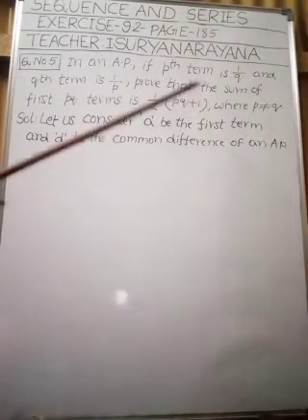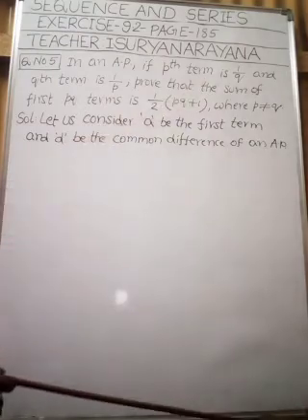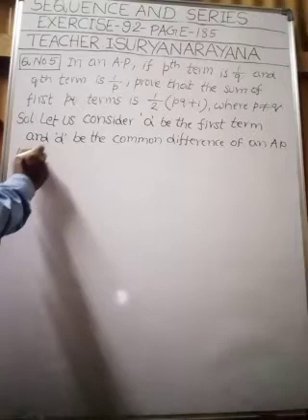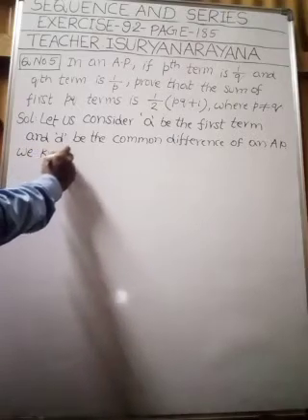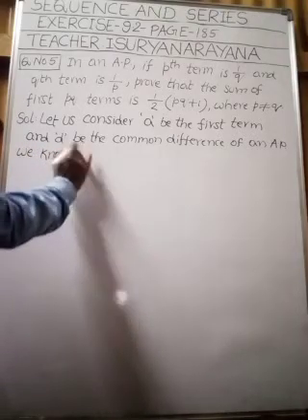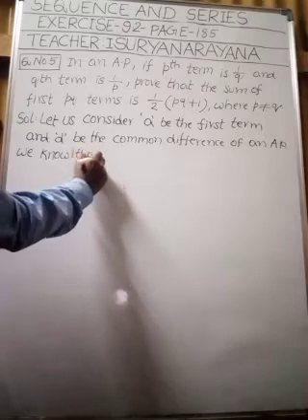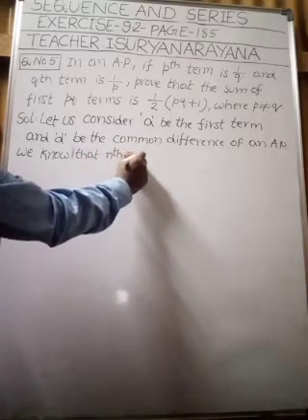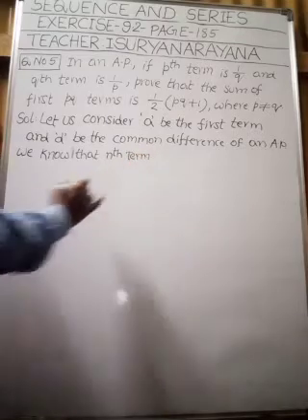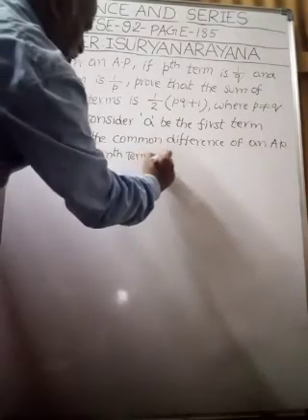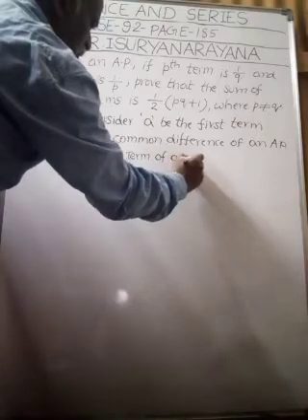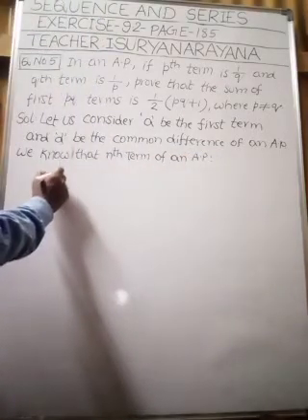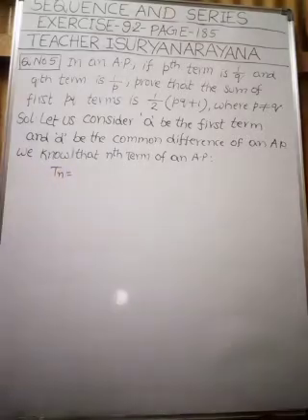What is given here? Pth term. We know nth term of an AP. We know that nth term of an AP, Tn, we can use Tn also to denote nth term.